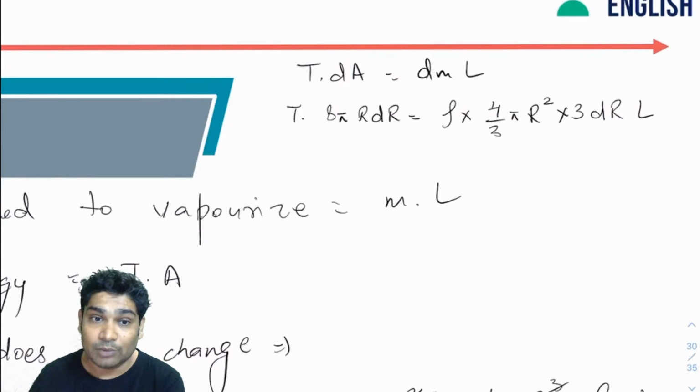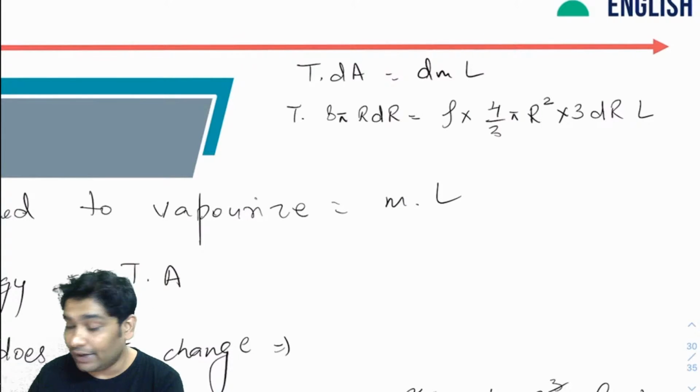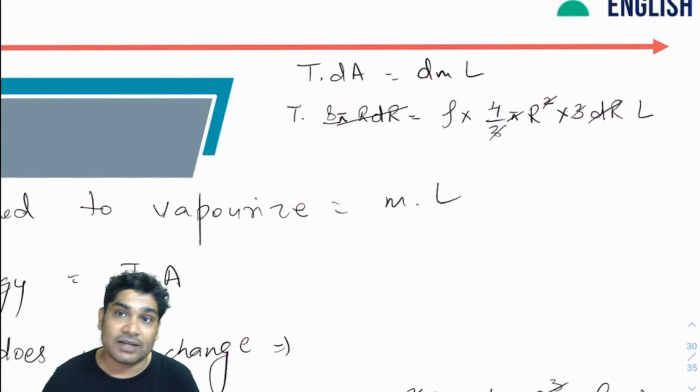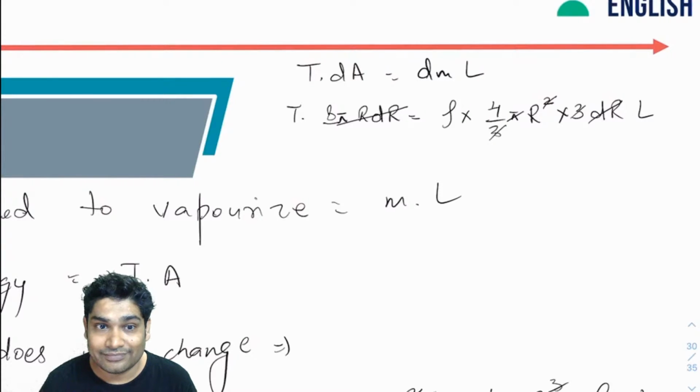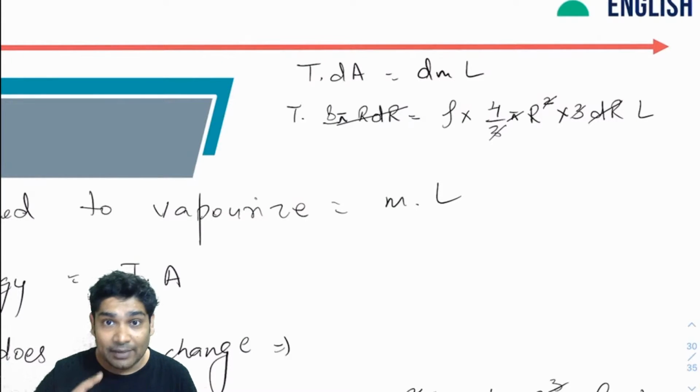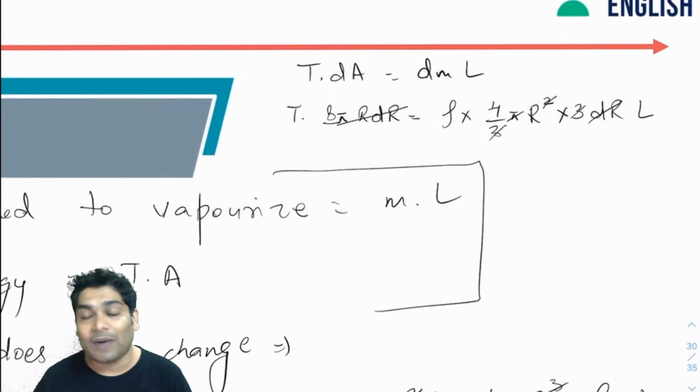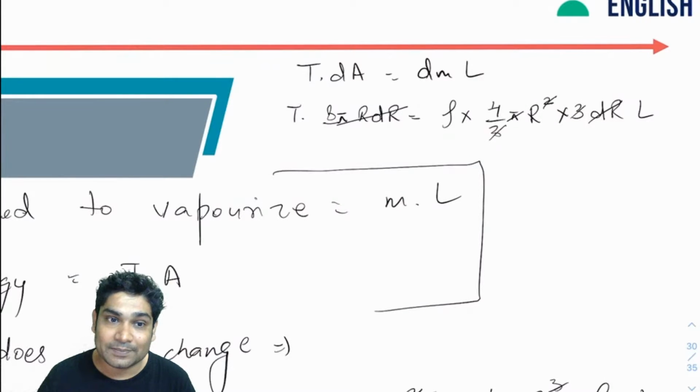Yes, then it would come to this. You are absolutely right. If you're talking about a partial vaporization, then yes. What I meant was total vaporization. So for partial vaporization, this will be the case.